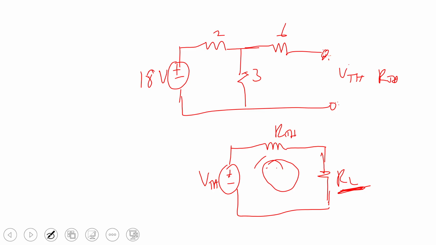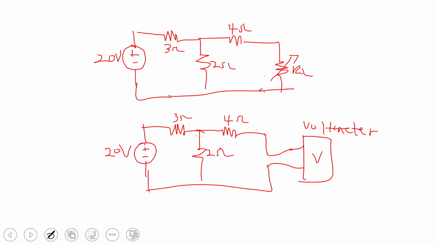Now, practically, it's very simple to implement Thevenin's theorem. According to Thevenin's theorem, if you want to find the current in, say, this RL, let's see another circuit, the first thing to do is to remove this resistor.